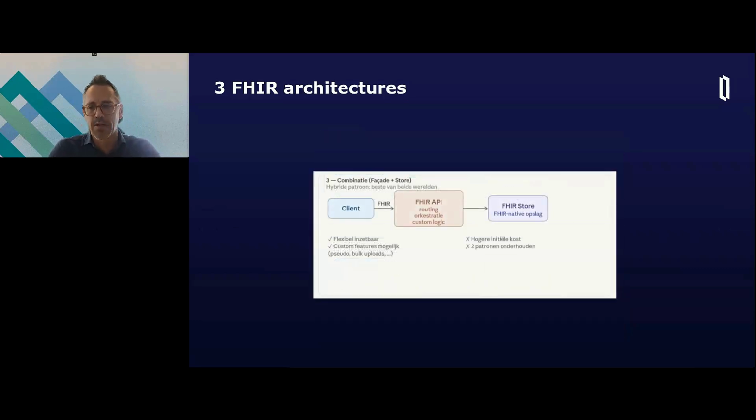But the winning combination we see mostly is actually the combination of the two, where you have a façade that has some custom logic that you want to perform, some extra checks, some extra policies.